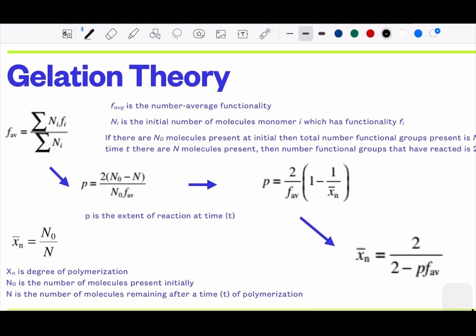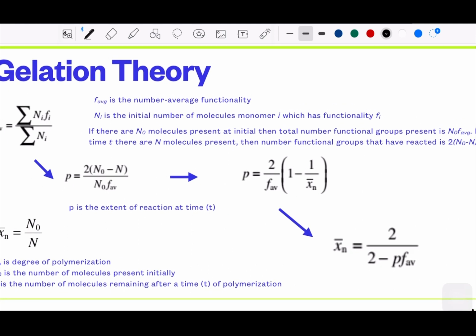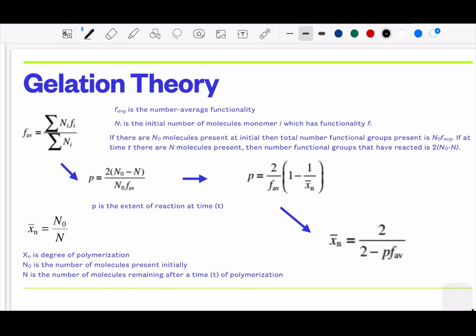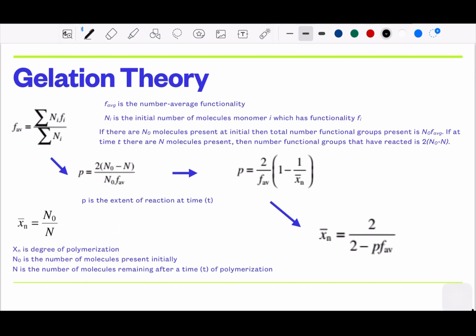So this number 2 is coming from, let me rephrase this. If there are some initial molecules N0 present at the start, then the total number of functional groups has become this.